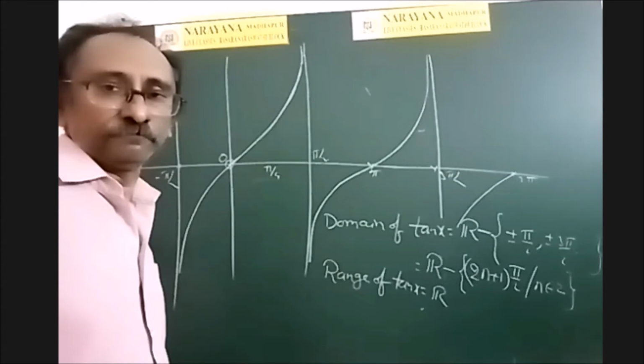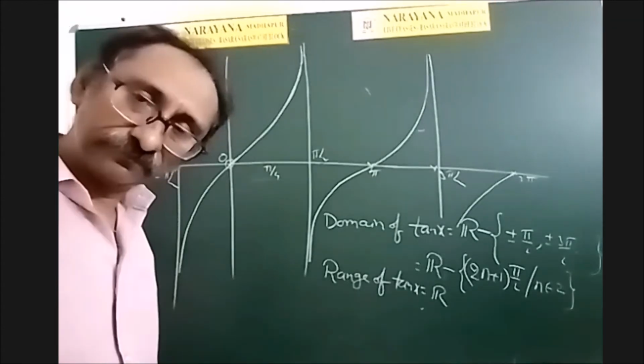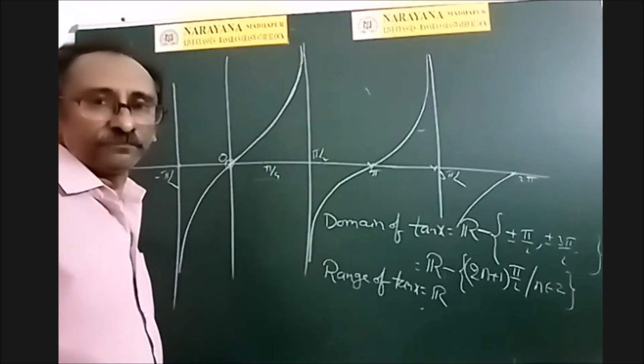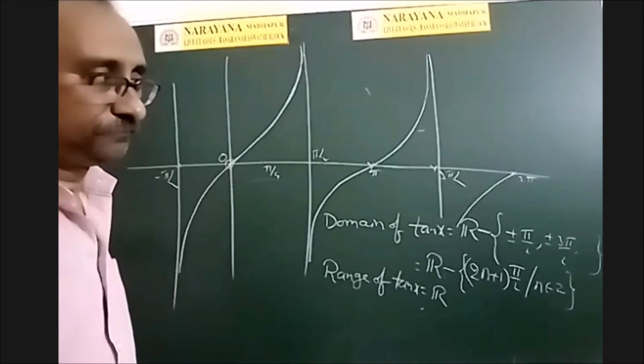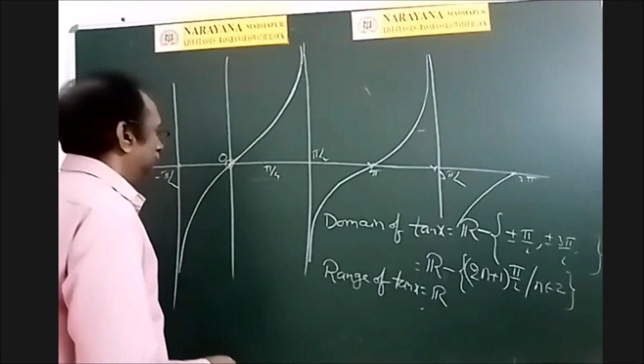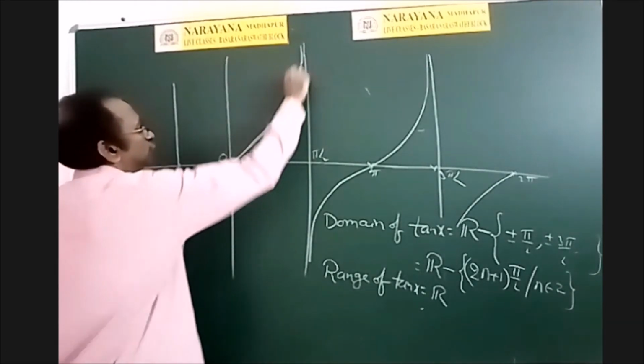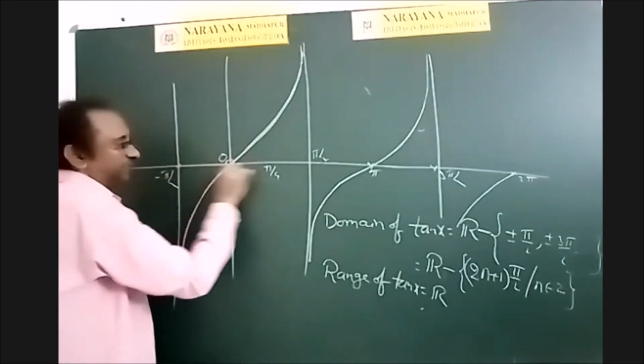Shivakumar. Sir, pi. So what is the period of this function? Pi radian. Is it pi? Yes, sir. So why pi? See, from minus pi by 2 to pi by 2, these are getting different values.